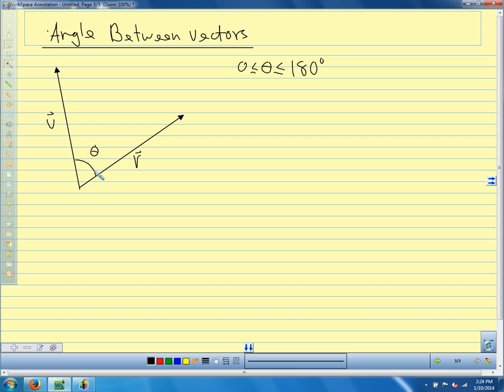We can show using the law of cosines. It's not particularly difficult. Let me draw one other vector here. Draw that one in blue. That vector would be u minus v.